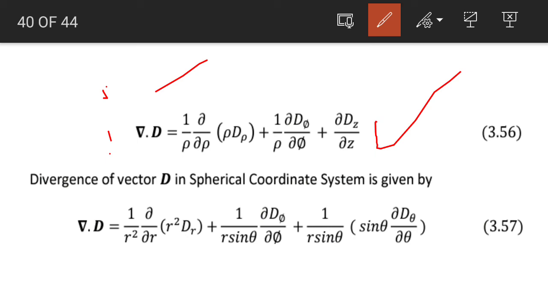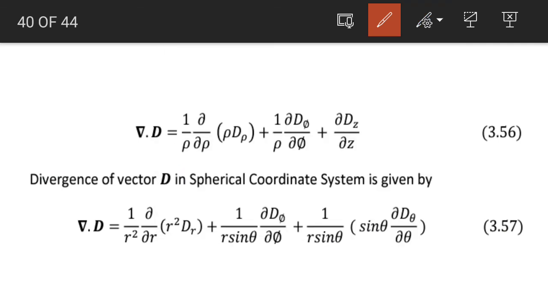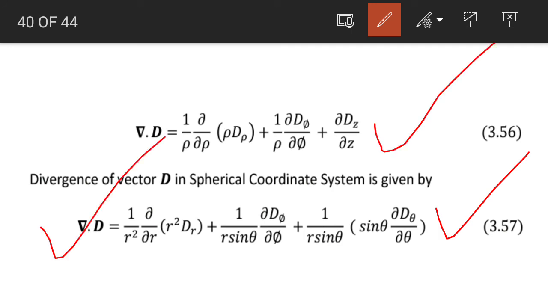So this equation is used to find out the divergence of a vector quantity in the cylindrical coordinate system. If you guys want to calculate the divergence of a vector in the spherical coordinate system, we use this particular equation. So you guys need to know how to calculate the divergence of a vector in the rectangular, cylindrical and spherical coordinate systems.